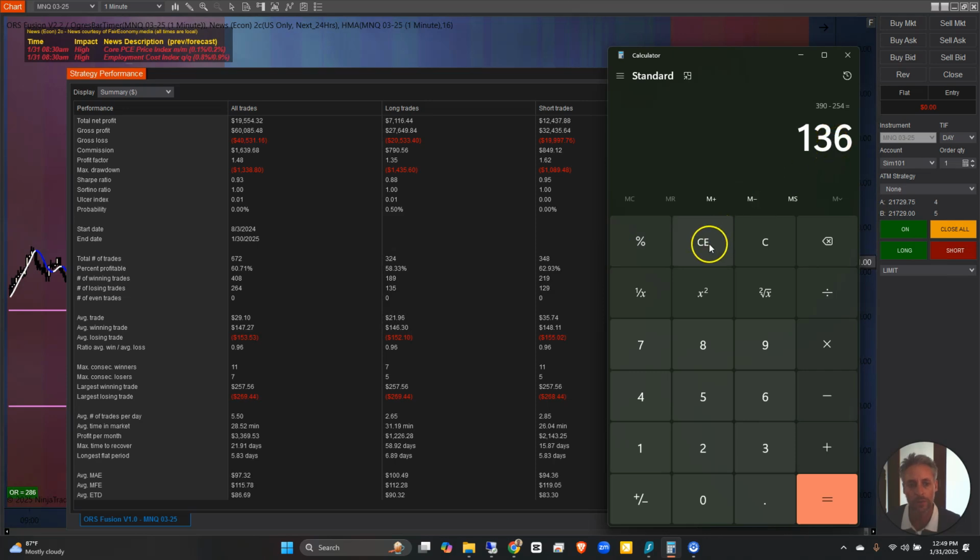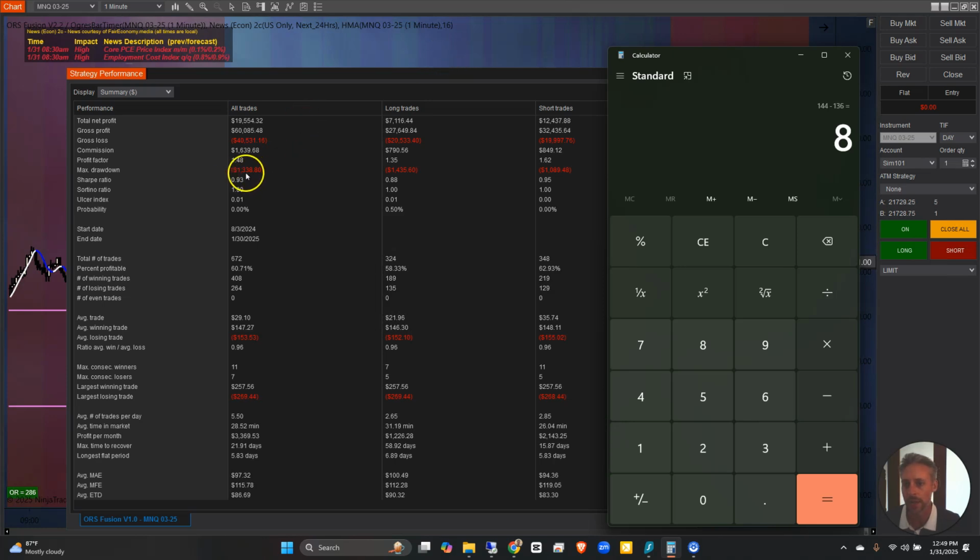So 408 minus 264 is 144, minus 136. That means we have a total of 8 more net wins by allowing a 4 max loss before ORS stops trading for the day.